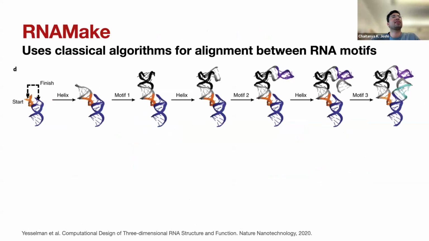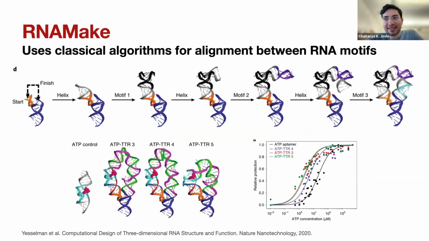So one such tool I just wanted to talk about was RNA-Make. This is a tool which uses classical algorithms to align RNA Lego blocks, essentially small motifs that they're aligning and stitching together using classical search algorithms. They've shown that for specific design tasks, you can build realistic RNA which actually works. They've experimentally validated this, and shown that it can work, for instance, for locking aptamers into their bound state, which improves their binding affinity.